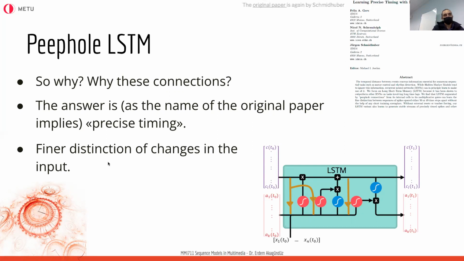So it is like a finer distinction of changes in the input and hence the states. That makes sense because if you feed the internal states and the previous cell state, you will have a more sophisticated representation at the output. And it makes sense after they published the paper, of course. If it makes sense to you, you could have published it yourself. But I'm trying to make sense of it. That's why I'm saying that.